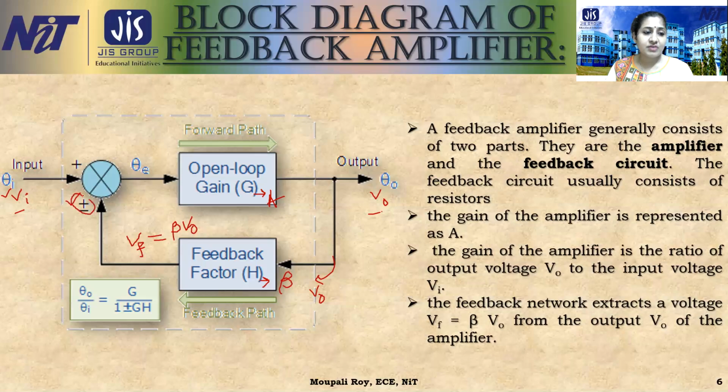When it is positive feedback, it comes with positive; when it is negative feedback, it comes with negative. So we can write Vi minus Vf for negative feedback, or Vi plus Vf for positive feedback. This is the error signal.